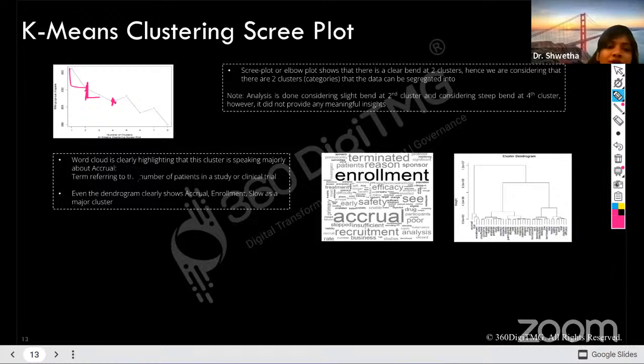Okay. The word cloud is clearly highlighting that this cluster is speaking majorly about accurate. This is a term referring to the number of patients in a study or clinical trial. Even a dendrogram is showing accurate enrollment slow as a major cluster.